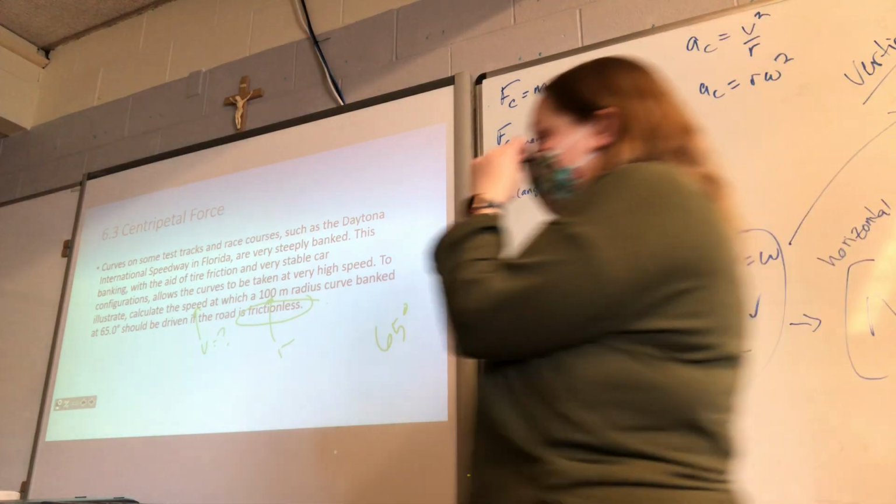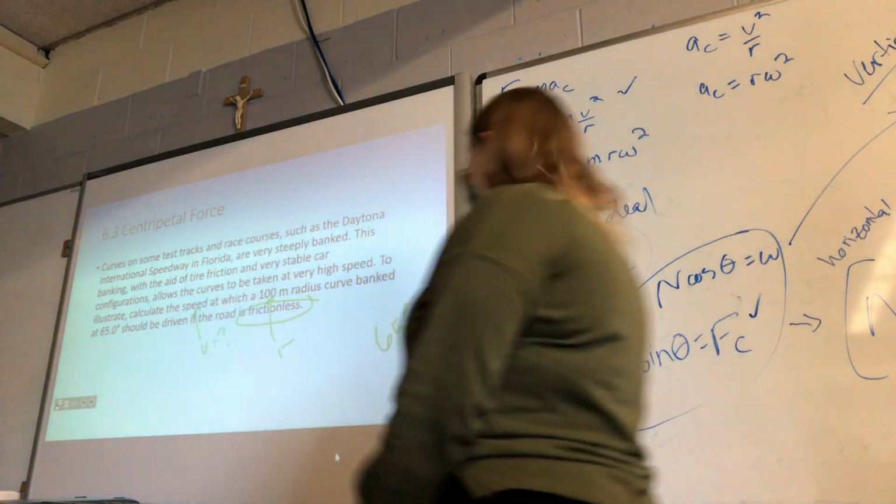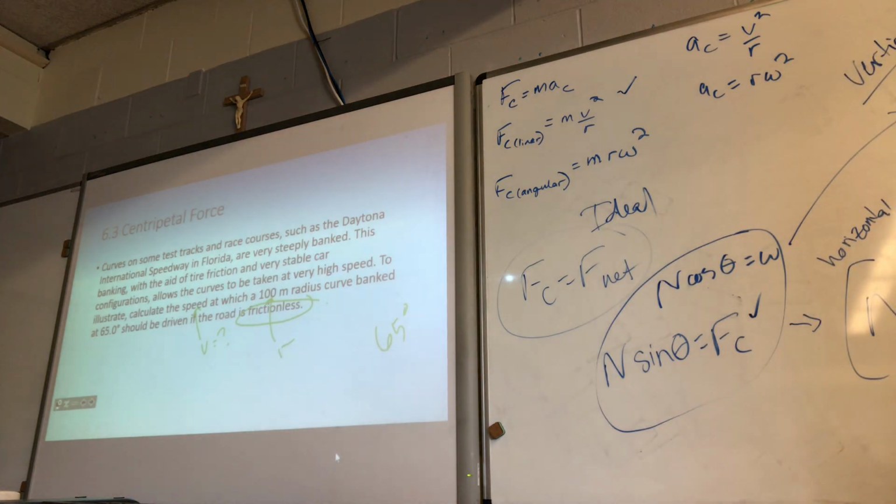It does say what is the speed. So do any of these have V in them? Yeah. They do. Do we have R? Yeah. Mm-hmm. Do we have M? No. Do we know N?